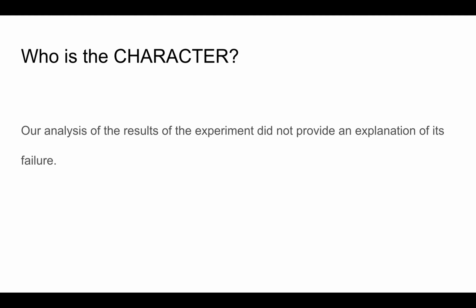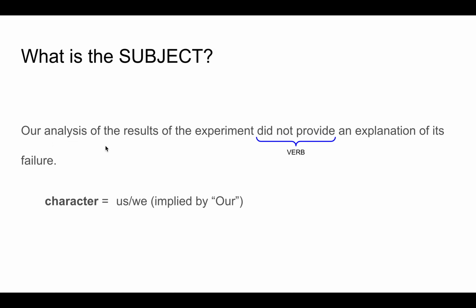Okay, who's the character here? Okay. It's us. Or we, right? This is implied by our. Remember, the action is analysis. Who or what is doing the analysis? It's our, okay? Or we. We're the ones who did the analysis. Now, what's the subject of the sentence? You know what it is? If the verb is did not provide, then what did not provide an explanation? Is it us?